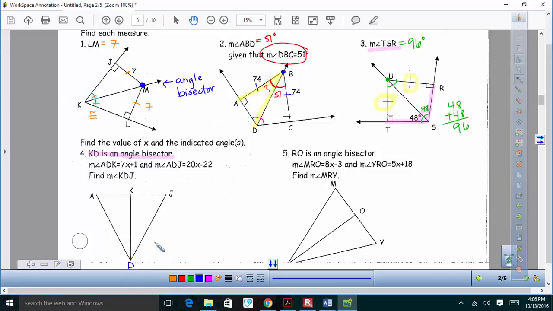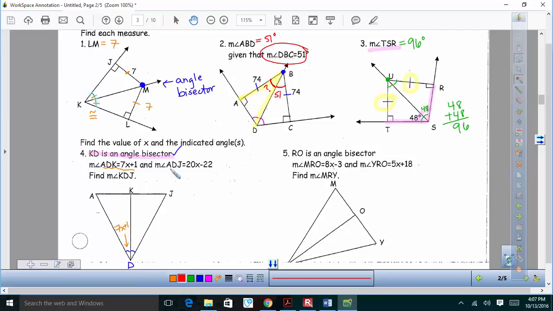So if this is an angle bisector, then that means that this angle and this angle is equal. Okay? Then it tells me that ADK, so A to D to K, this piece right here, or this angle, is 7x plus 1.